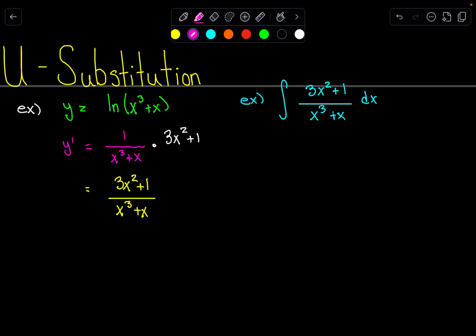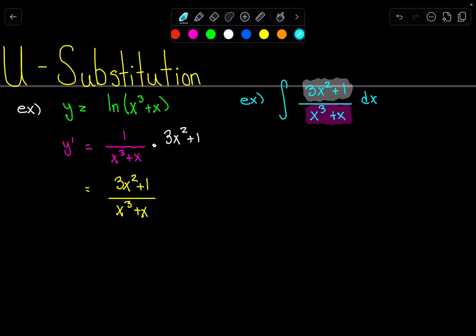So the very first thing that I'm going to do is recognize that if I look at this whole function, it looks like I have some bit of it, and I have that bit's derivative sitting in the same problem, okay?